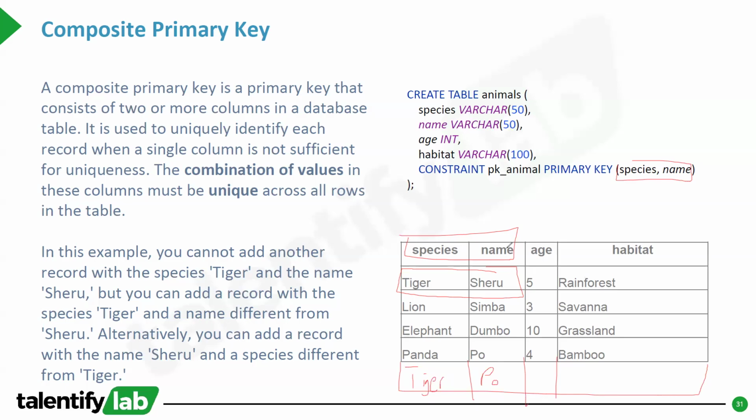This is the composite key. Each pair must be unique in a composite primary key.